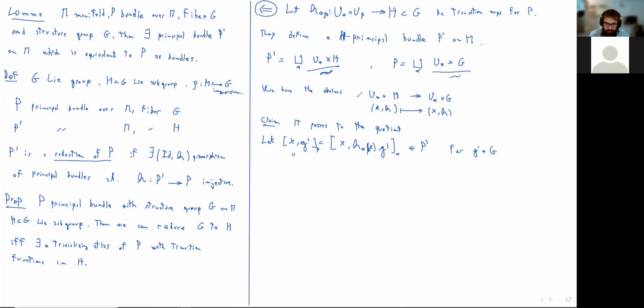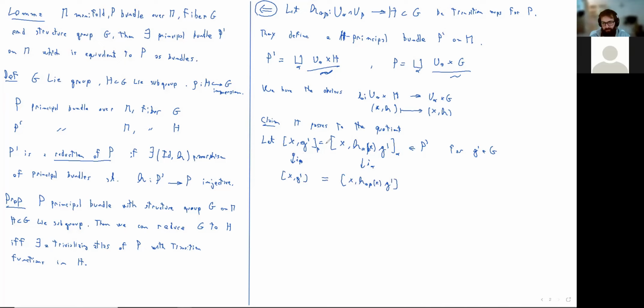So if we call this, I don't know, e alpha, and here we apply e beta, and you apply e alpha, then here you get the same. And of course, these are the same equivalence class.